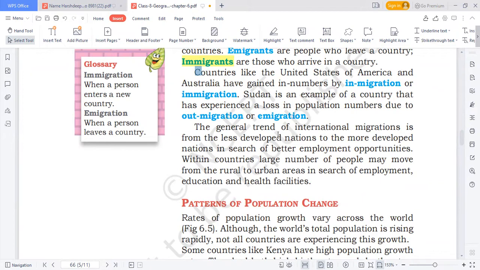Third, political instability. Those countries or economies of the world where political stability is not there. Political stability means the government can run for five years.